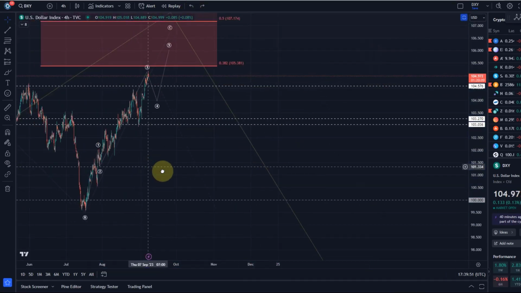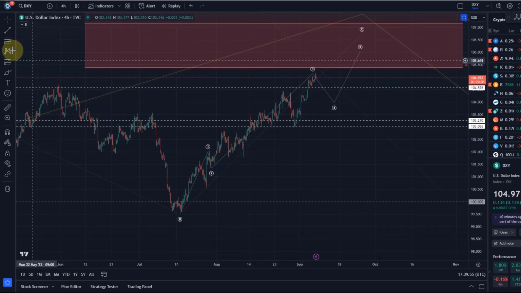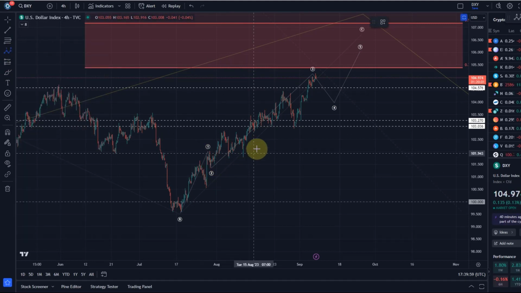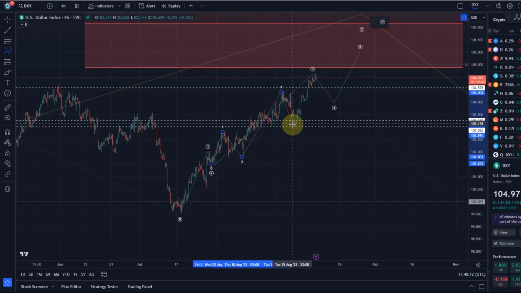Now, if I add these subwave counts, maybe some of you might be interested in that one, just because the third wave is probably the most interesting one here. I would say the best view I have is this was a wave 1, wave 2, then we had a third wave, which is this top here, the fourth.